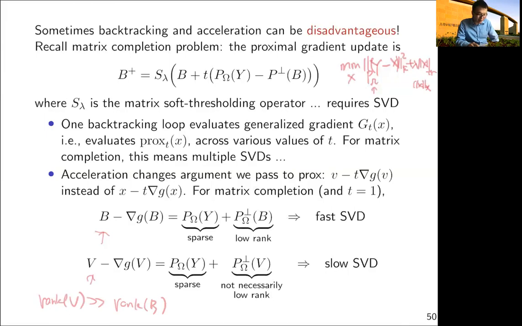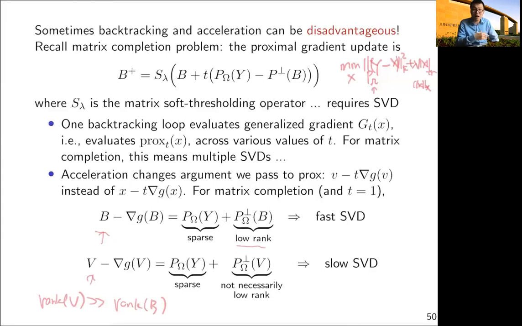The low rankness of this matrix B leads to very significant computational benefits. And that means that doing acceleration can actually hurt you in terms of how much time it takes to solve every iteration of the problem.